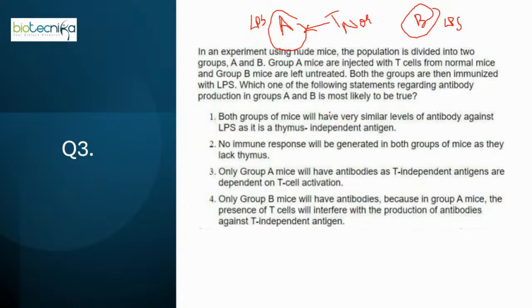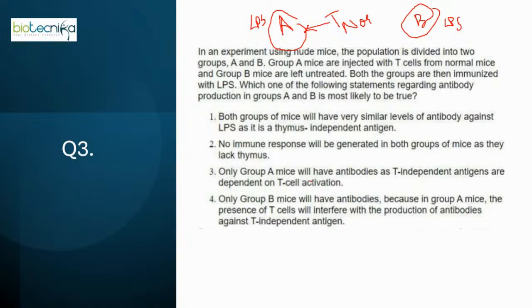right? Now they are asking which of the following statements regarding antibody production in groups A and B is most likely to be true. The first statement: both groups of mice will have very similar levels of antibody against LPS, as it is a thymus independent antigen. Second: no immune response will be generated in both groups of mice as they lack thymus.